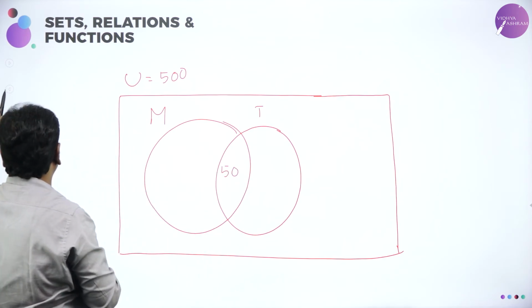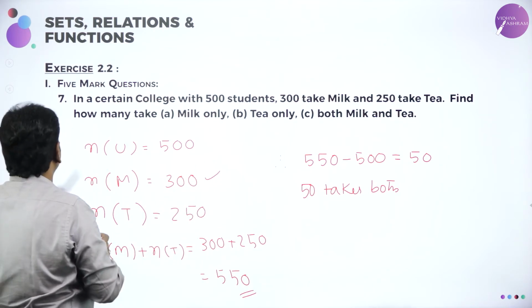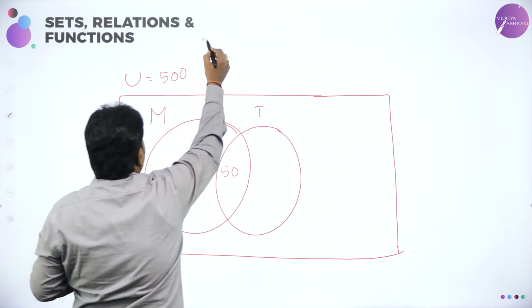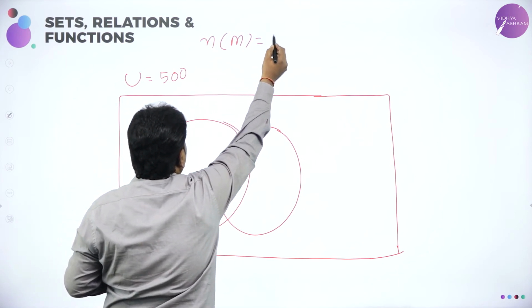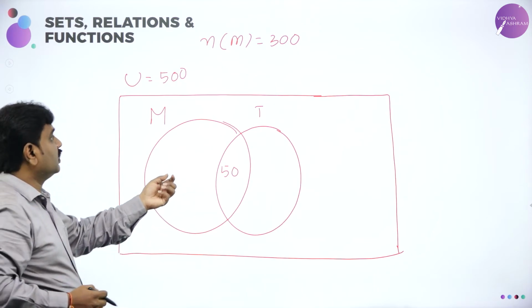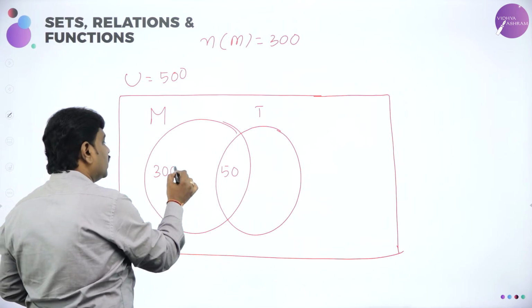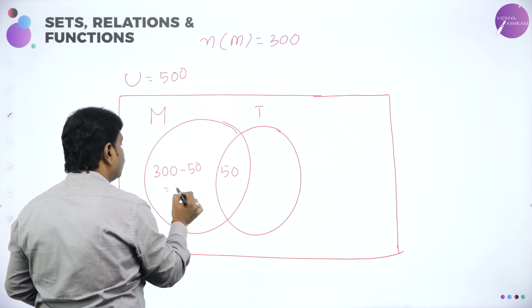And please observe, they have given 300 take milk. So N of M, the number of people consuming milk, they gave 300. My dear students, out of 300 you already filled 50 here. So here how many will be there? 300 minus 50 is how much?